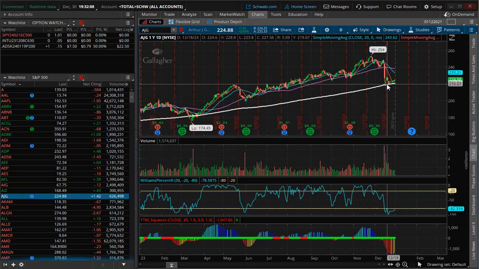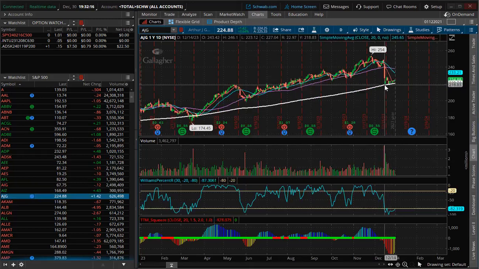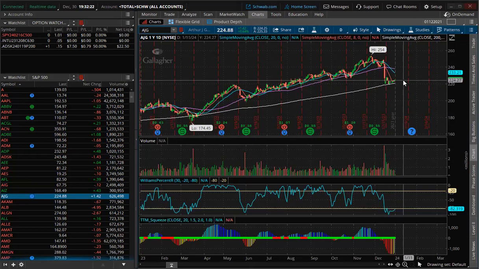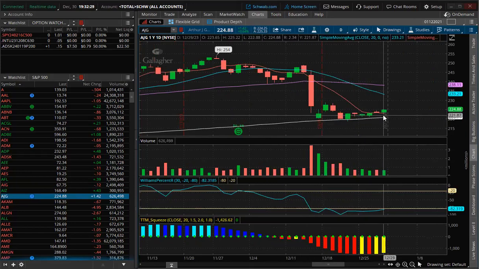Whoa, $30 decrease. But look what's happening at 200. The 200 is acting as a support, and the price is starting to bounce. Start to bounce off of that 200.